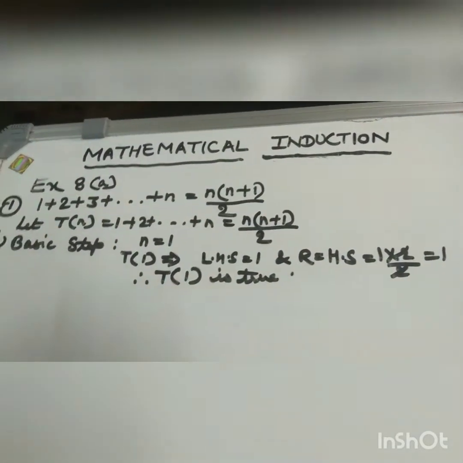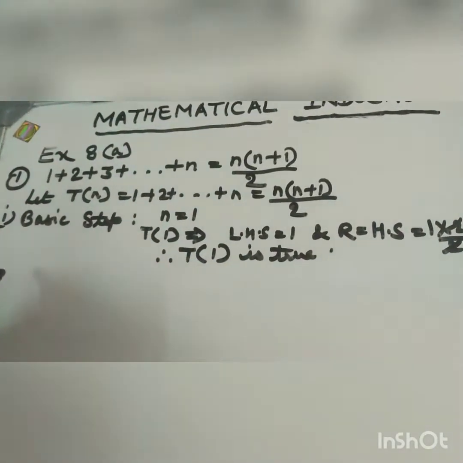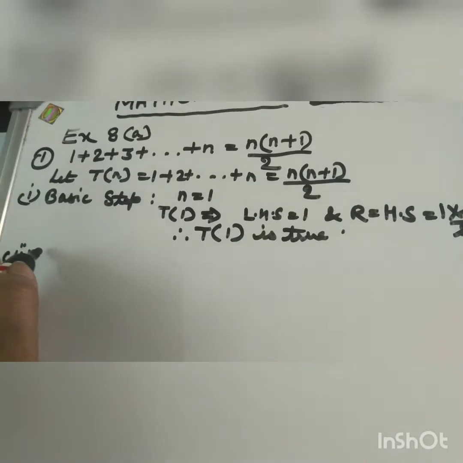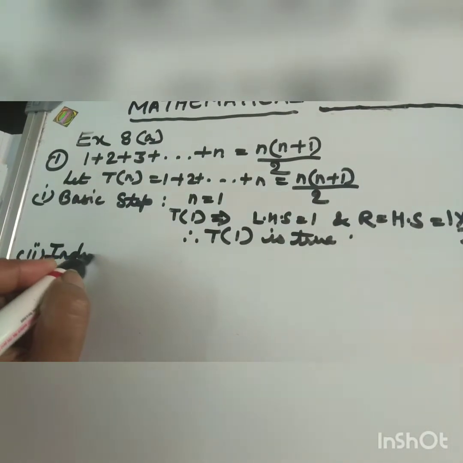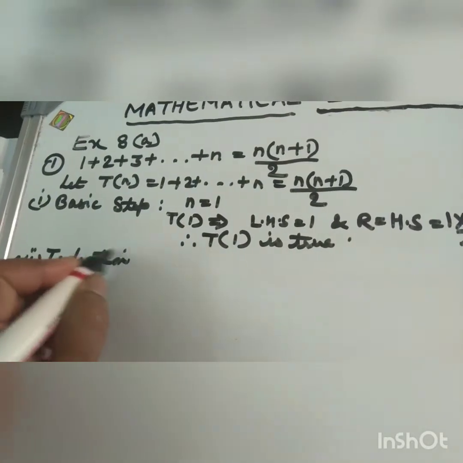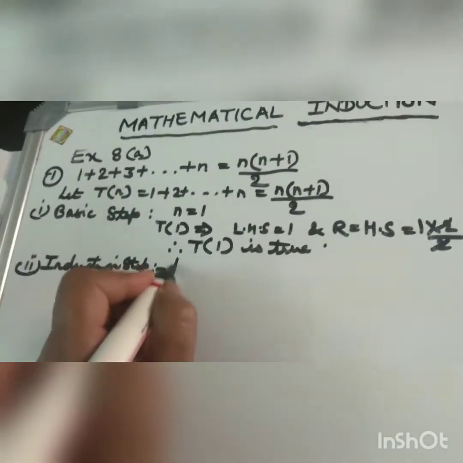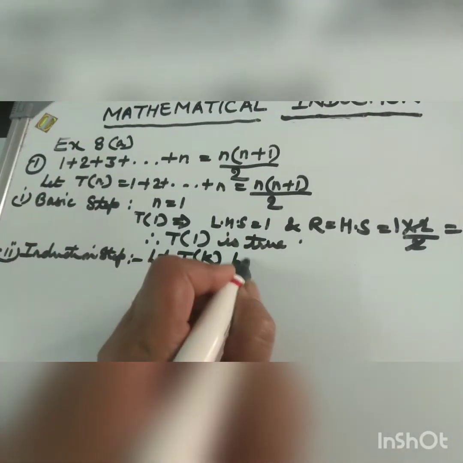Hence now we go on to the second step, that is called the induction step or assumption step. In this step we will assume, let Tk be true.